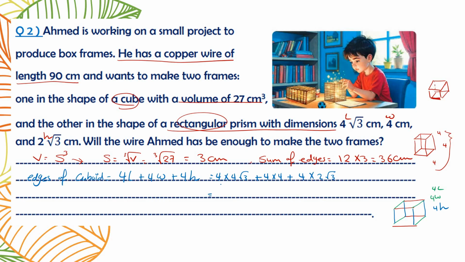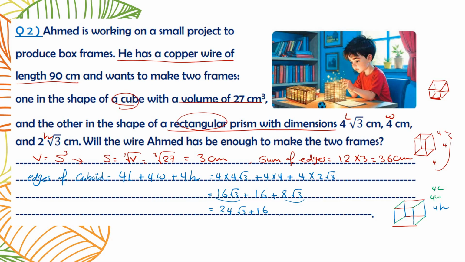So 4 times 4 equals 16. So 16 square root of 3 plus 4 times 4 equals 16, plus 4 times 2 equals 8 square root of 3. So let's add the like radical terms. It will be 24 square root of 3 plus 16.